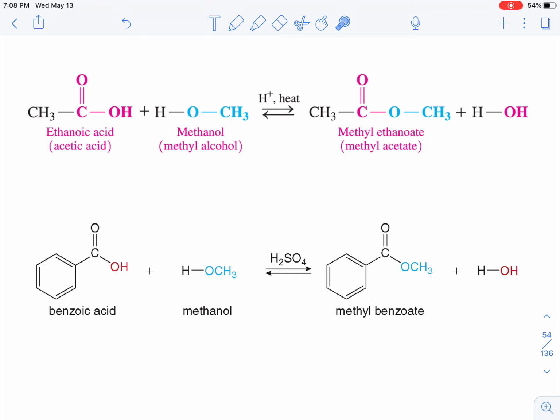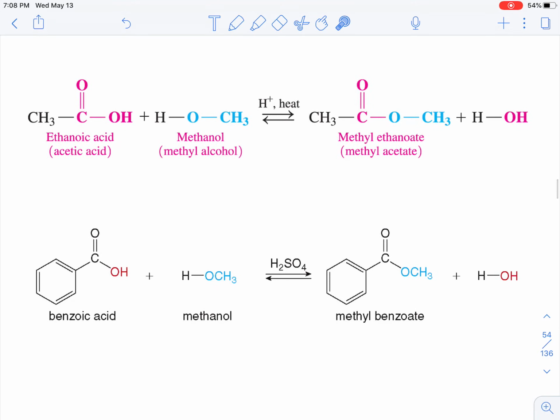And so here's a couple more examples. Here we have ethanoic acid. This is a 1, 2 carbon organic compound that has a carboxylic acid functional group. Here we have methanol. It's a 1 carbon alcohol. And so in the presence of sulfuric acid or a strong acid in heat, our ester will be formed and a byproduct of water will also be formed.